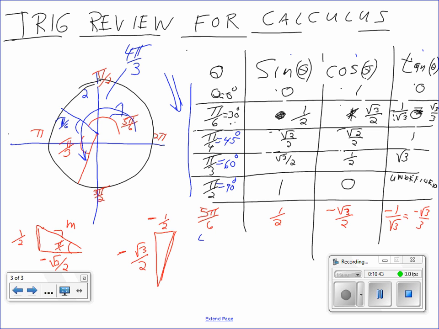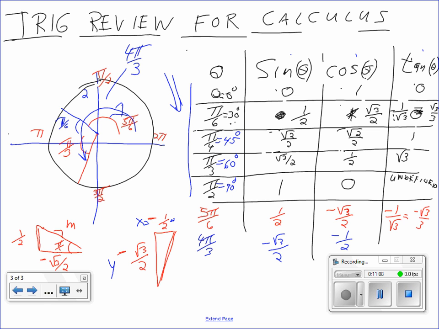So if I looked at 4 pi over 3, what's the sine? Sorry, the sine is minus root 3 over 2. The cosine is the x value, minus 1/2. Well, what's the tangent?